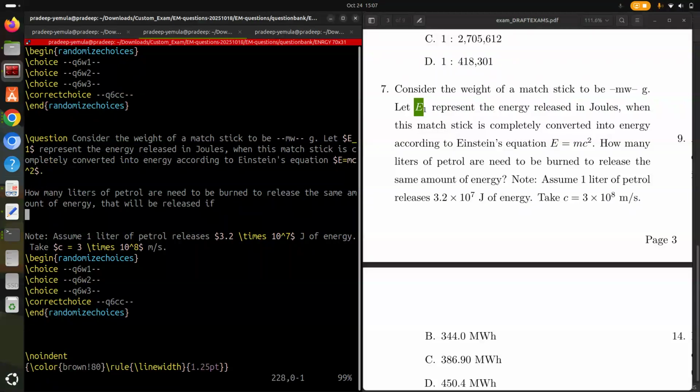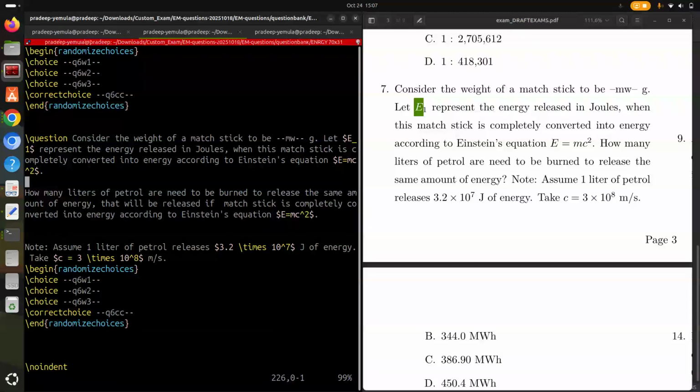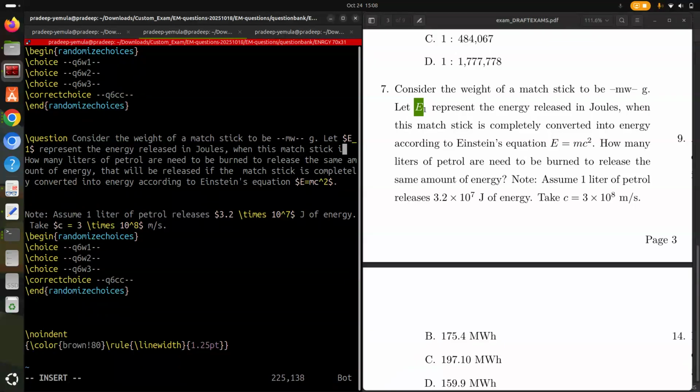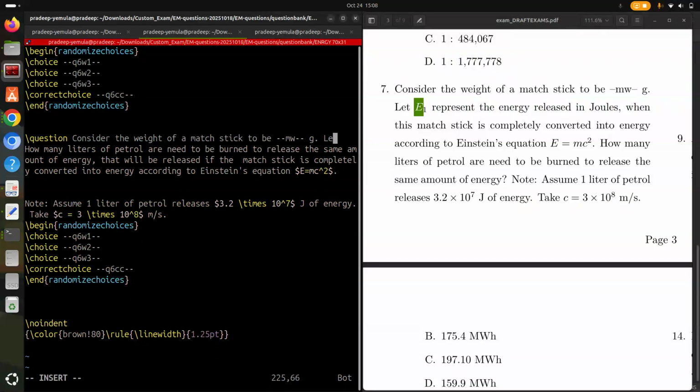I have to press Y here and P here. I made the amount of text a little smaller. I think this sentence also I'll move.